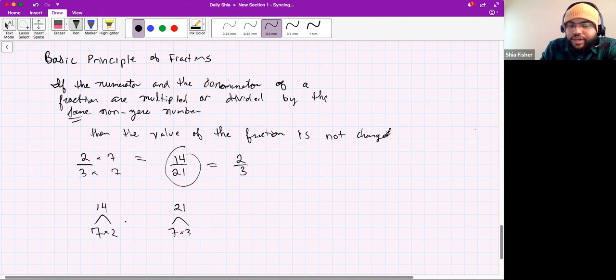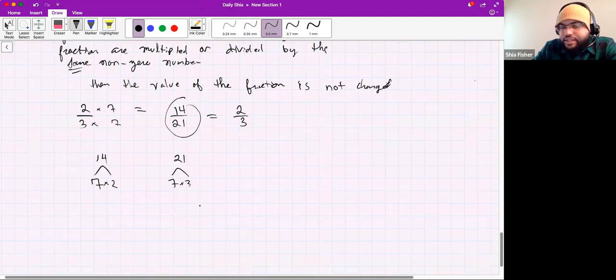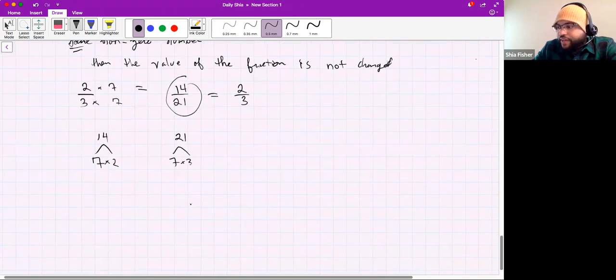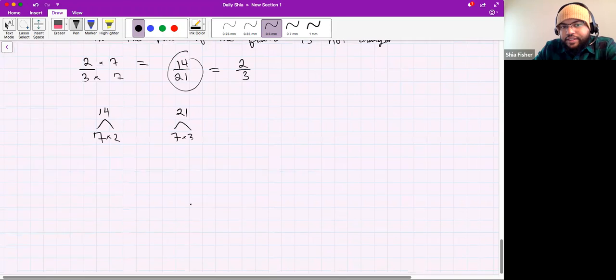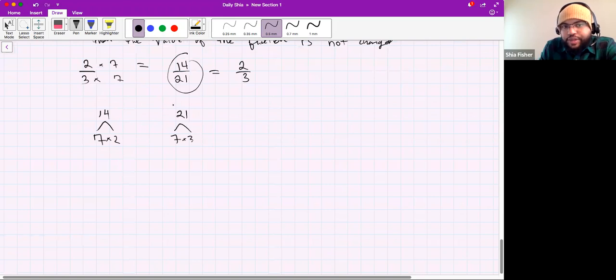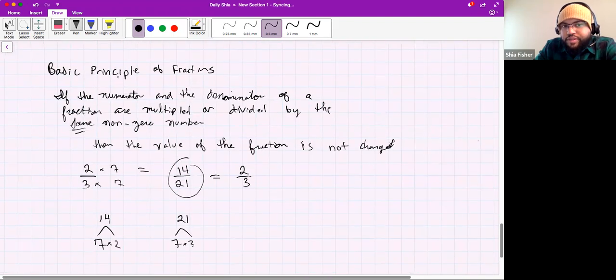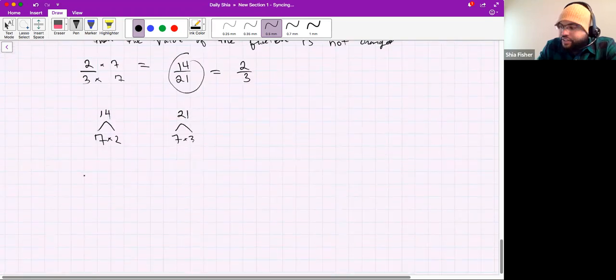I'm still not super convinced, though. How can I really make myself convinced about it? Well, I think we'll come to that. We're going to keep practicing with this idea and really start to unpack why this principle holds true. But this is the basic principle of fractions.